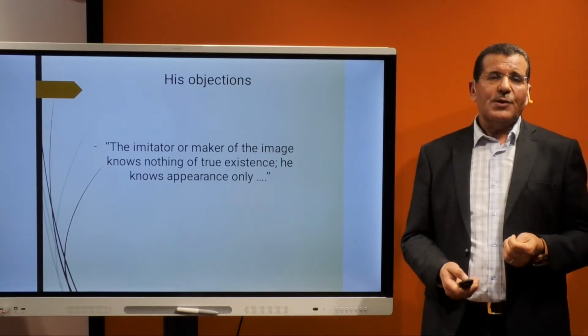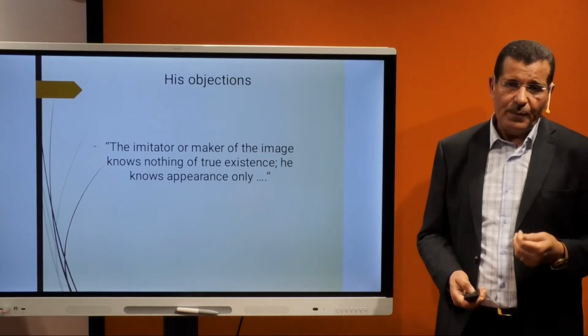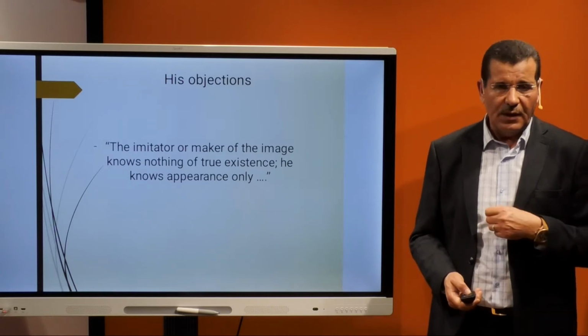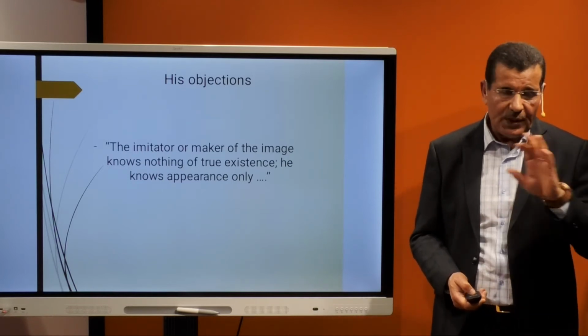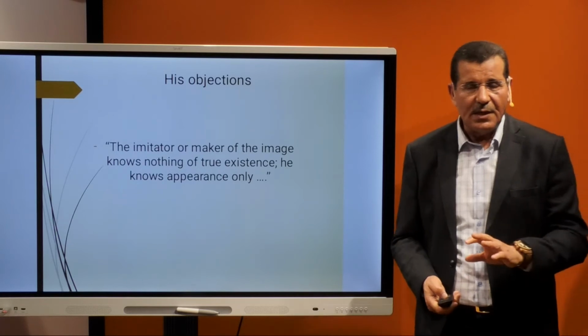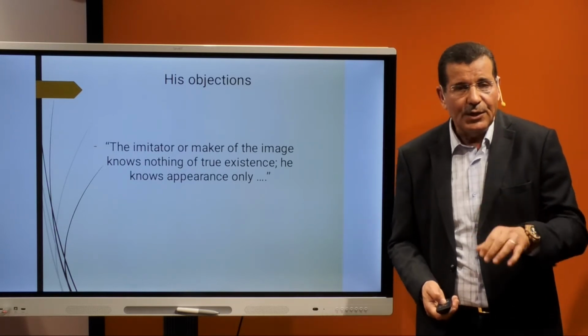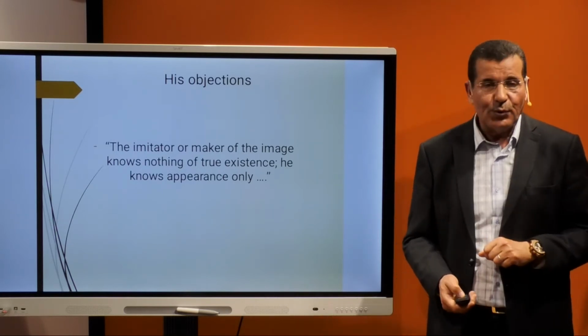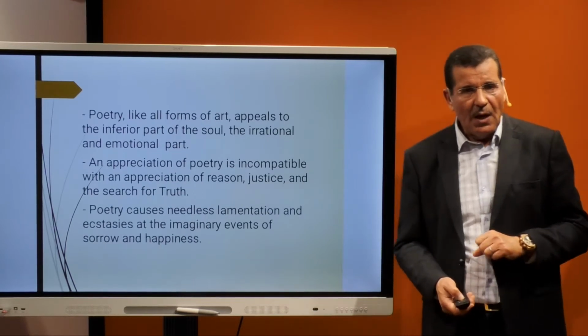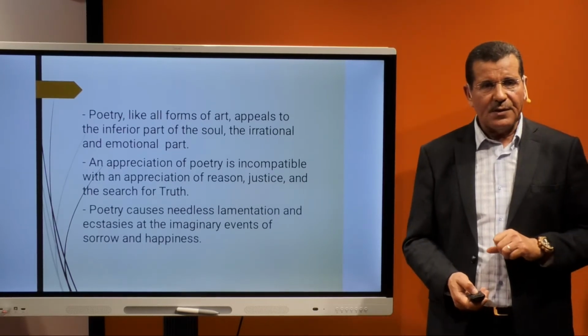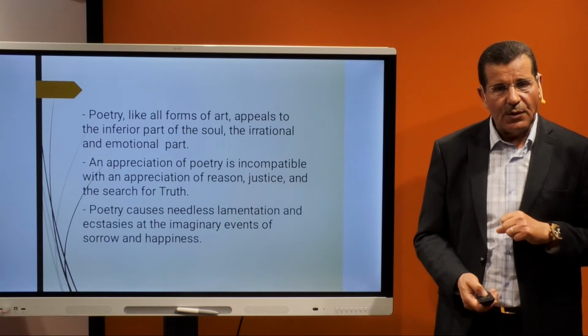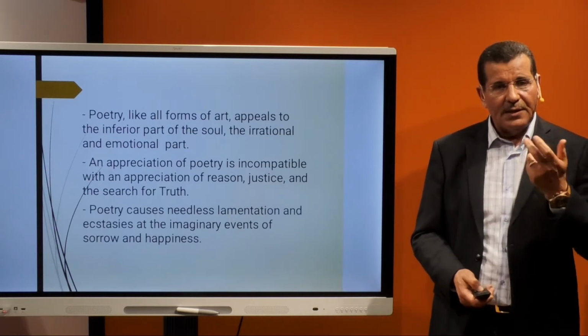His objection also to mimesis is that the imitator or maker of the image knows nothing of true existence. He knows only appearance. And since he knows appearance, he cannot go in depth into the truth. Poetry, like all forms of art, appeals to the inferior part of the soul, the irrational and the emotional part.